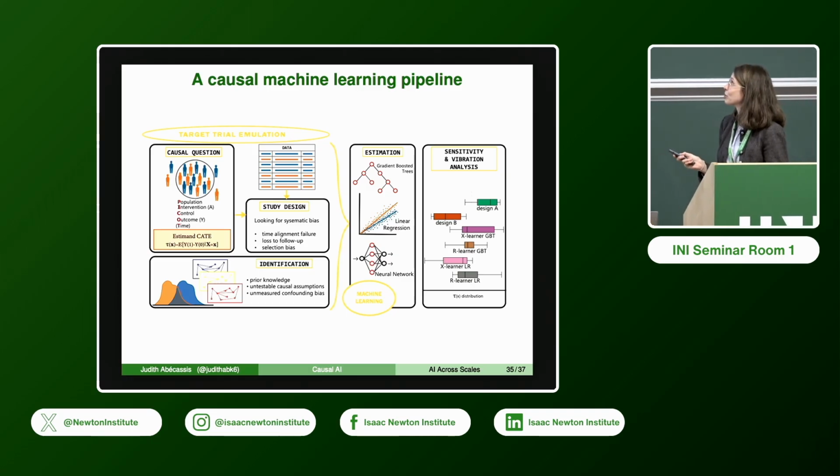So we should first very carefully design the causal question, and there might be also differences and a lot of choices made in how you prepare and treat the data, and the missing values and the noise in the data, the errors. Then you have a lot to think about at the identification step, and what prior knowledge and what causal assumptions you put in the graph and in the choice of covariates to adjust.